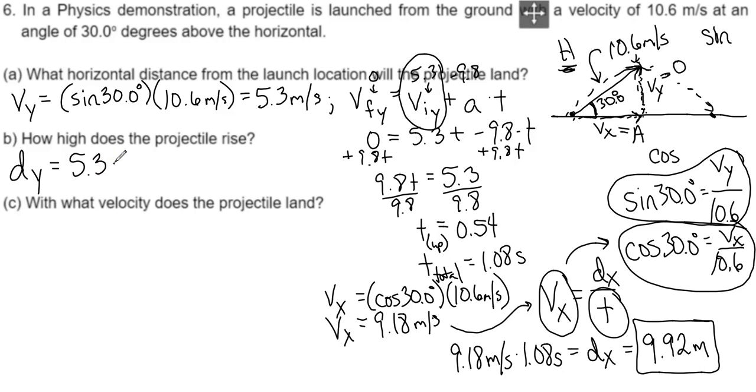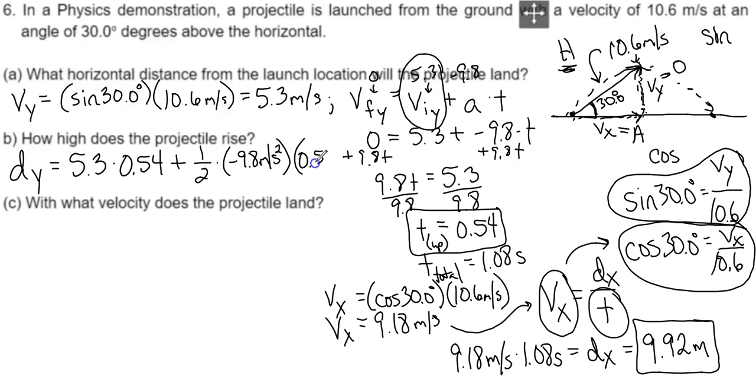Our time going up, because remember we only want to know how high it goes, is 0.54, plus 1/2 times our acceleration due to gravity, which is working against us, so -9.8 meters per second squared, times again the time only in the up direction, 0.54, squared because it's time squared.